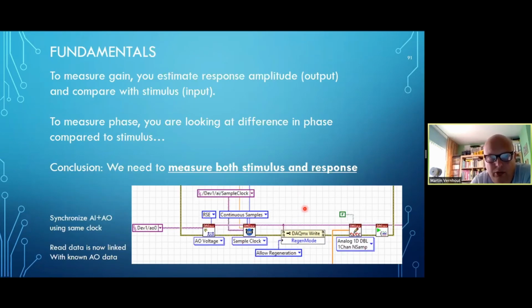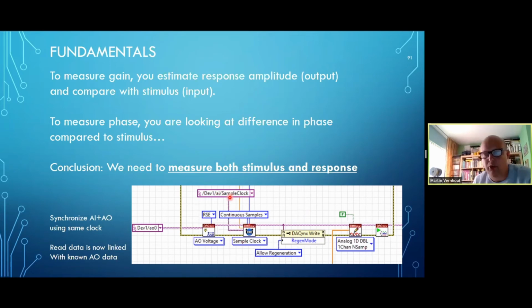Now, if you want to measure the gain, you estimate the response amplitude and compare it to the input. So if you do that, you need to measure both the stimulus and the response, both the input and the output, at the same time, or nearly at the same time. And with DAQmx, we do that by operating an analog output task, which we run synchronous to the analog input sample clock.